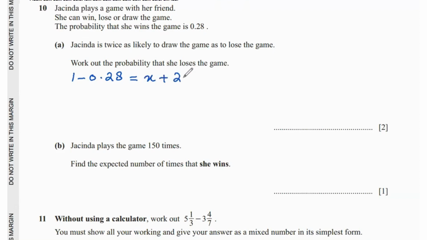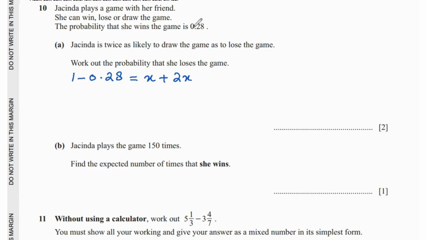But that would equal to x plus 2x. Why x plus 2x? Because it says that she is twice as likely to draw the game as to lose the game. So 1 minus 0.28 would give us the probability of her losing or getting a draw. Because there are three different things happening. There's win, lose, or draw.